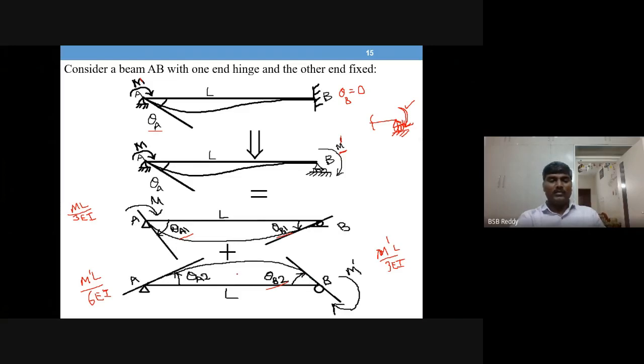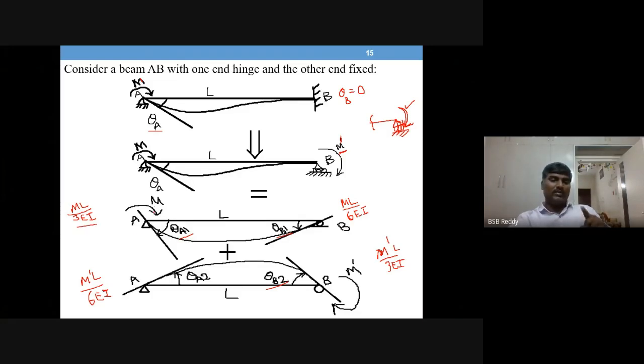So if you apply M, how much is the angle of rotation at A? How much is the angle of rotation at B? We are able to write those values directly. How you get these values is, you have to refer to the topic slope deflection method, because all these values we have derived there.